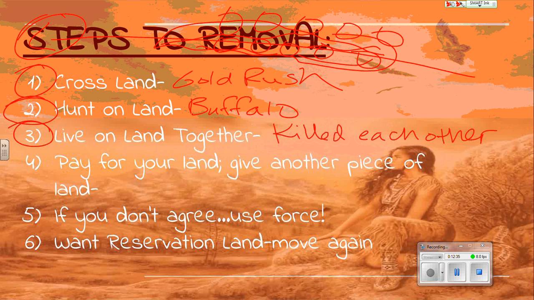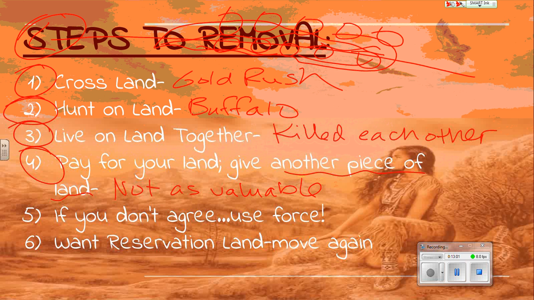So because that doesn't work, now the government says, I'll tell you what, we're not living well together. So I'm basically going to pay you money for your land or supplies for your land, and we're going to move you to another piece of land. And usually that other piece of land is not as valuable.